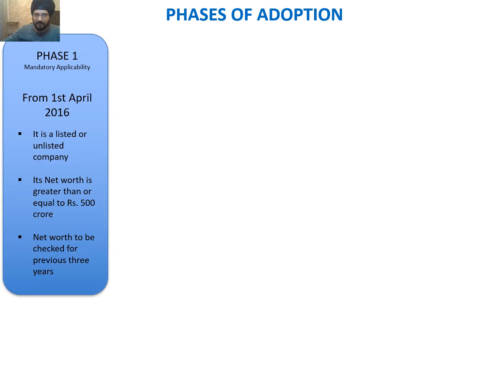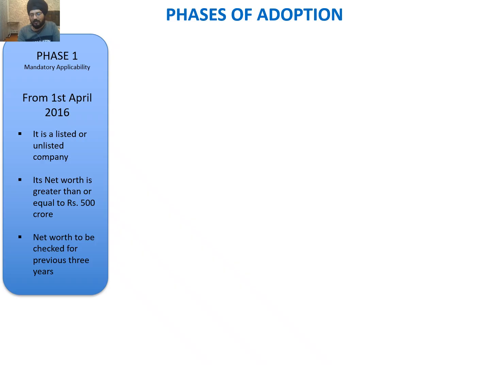Okay. So let's just quickly have a look at the phases of adoption, that is, how IND AS is being adopted in the context of the Indian scenario. So phase one was the mandatory applicability of IND AS, and it was from 1st April 2016, and it was made applicable to all the companies, whether listed or unlisted, if their net worth is greater than or equal to 500 crore.